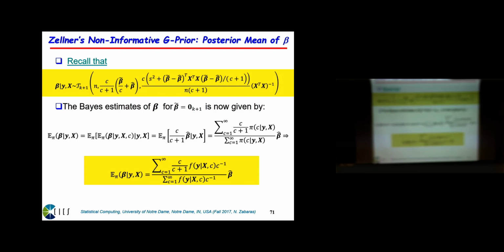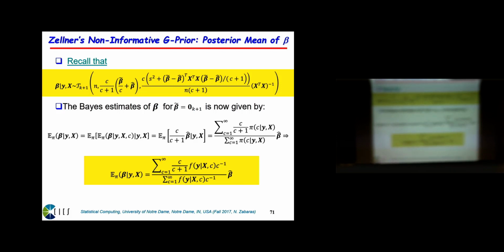If I remind you from the previous calculations, the marginal distribution of beta given C looks like this. Now we want to find the distribution beta follows with C integrated out.